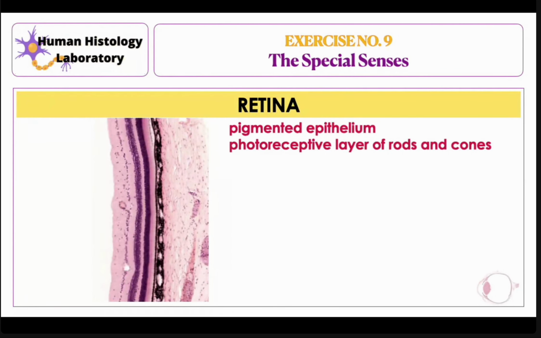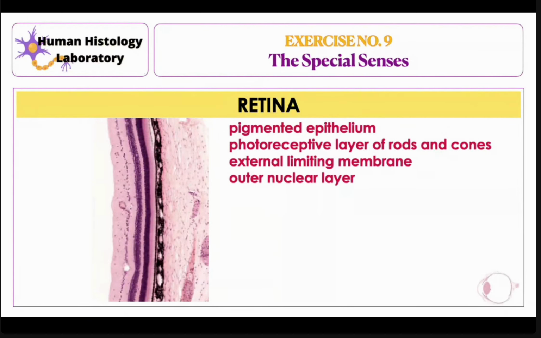A photoreceptive layer of rods and cones, which are membrane discs of the rod and cone neurons. Then we have the external limiting membrane, which is a layer of tight junctions between rods or cones and other neurons.